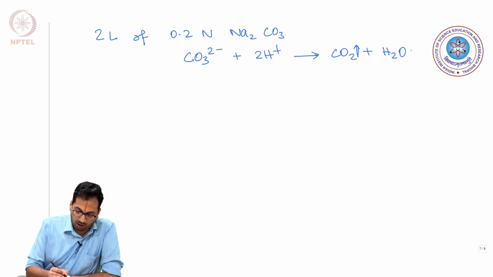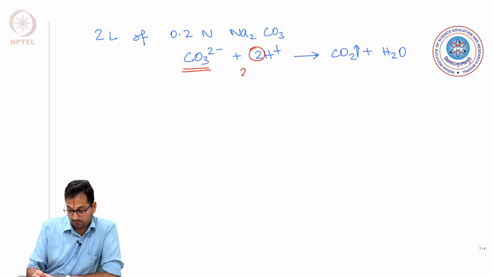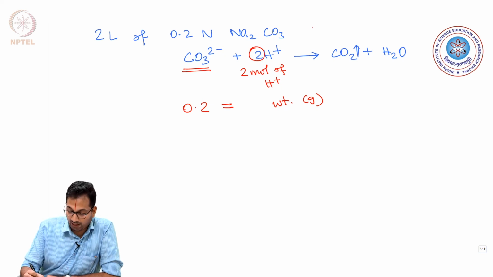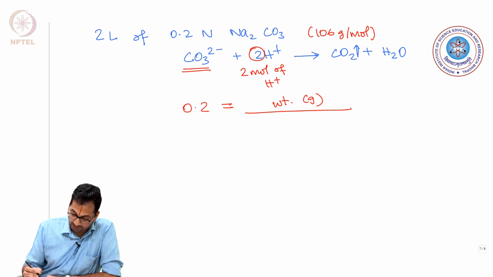So, now the question is, how do you prepare 2 liters of 0.2 normal? One is able to understand quite clearly, since carbonate is taking 2 equivalents, the number of equivalents of the carbonate is going to be given by 1/2. So, the normality is already given as 0.2, which is going to be equal to the weight in grams. We need to understand how much sodium carbonate to add. From the last lecture we remember the molecular weight of sodium carbonate is 106 grams per mole, divided by the number of equivalents.